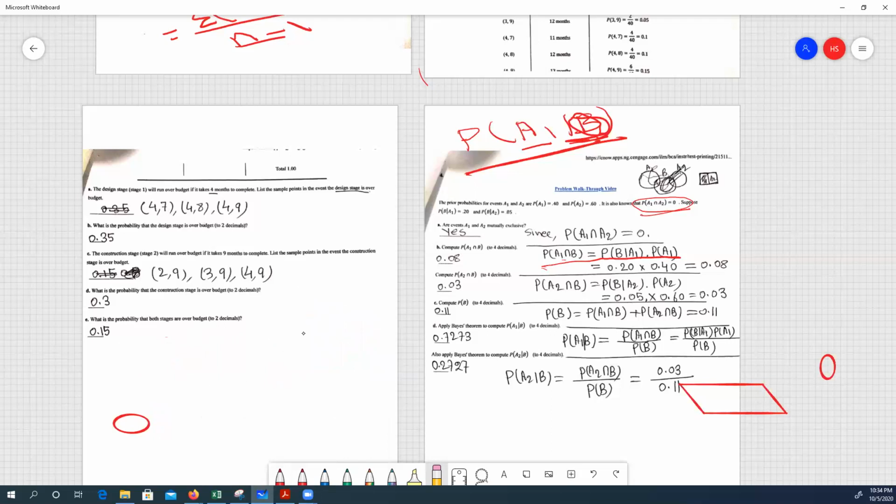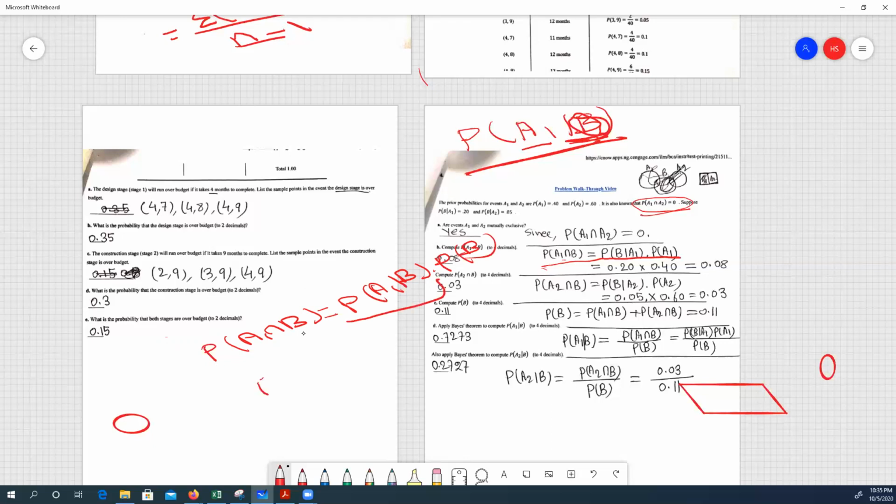So here we have to find the probability of A1 given B. So let's write the probability of A1 intersection B, which can be written as the probability of A1 given B times the probability of B. Okay, we have to find this probability, right?